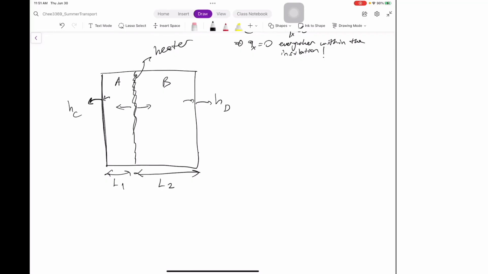And for this case, two boundary conditions, another boundary condition: the temperature at the right of A is equal to the temperature at the left of B. And another thing is the flux at the right of A is equal to the flux at the right of B. So you have 4 boundary conditions with 4 unknowns, right?